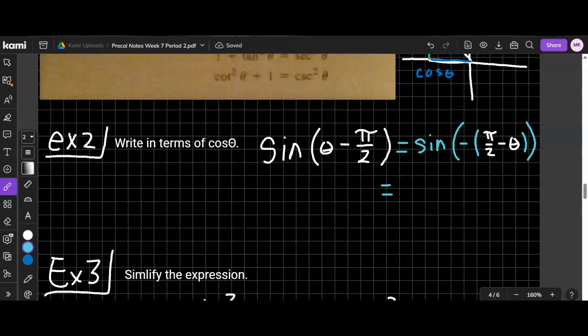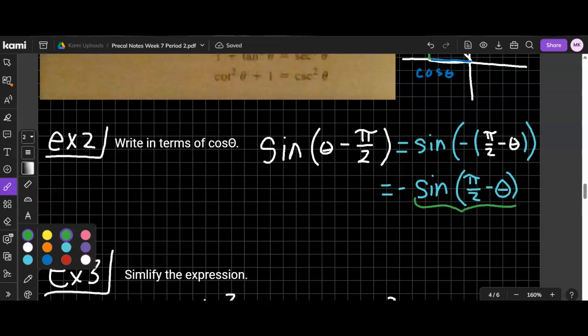So this is the same as a negative sine of pi over 2 minus theta. And now we can apply our co-function identity. The sine of pi over 2 minus theta is the same as cosine, and so we have our function in terms of cosine. It is equal to a negative cosine of theta.